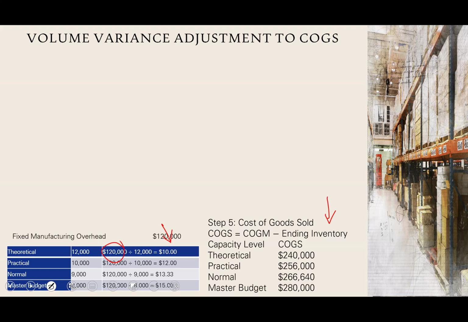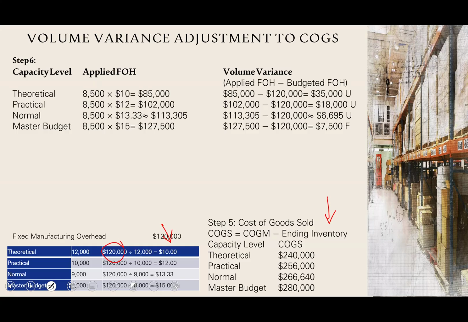Now what do we do? We are saying that for each type of capacity, the company has to apply the overhead. You have seen this in chapter number 4. You have also seen this in chapter number 8, that companies typically make these budgeted overhead calculations before the year begins, and they apply overhead throughout the year.